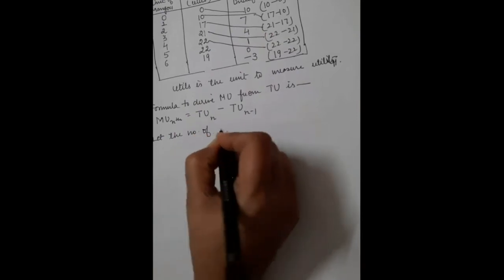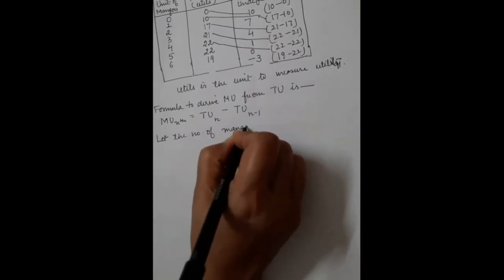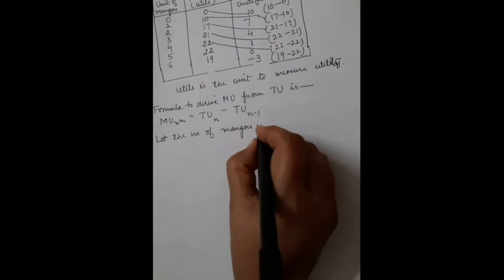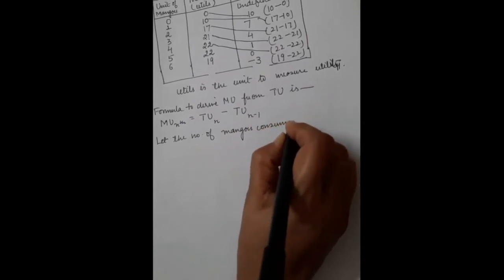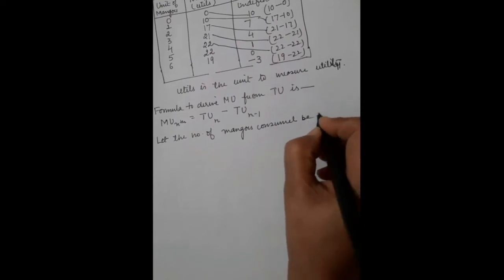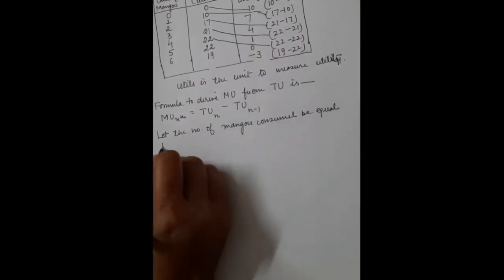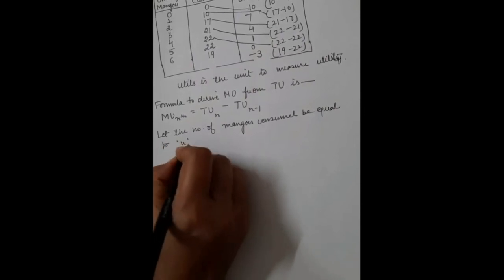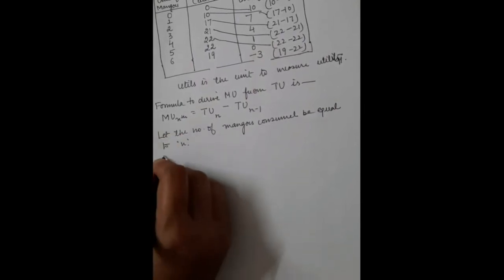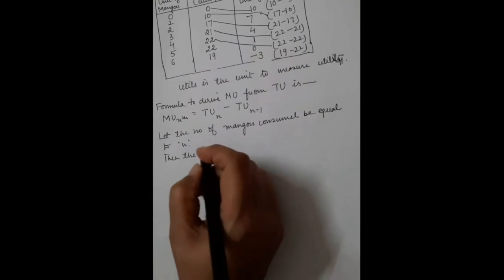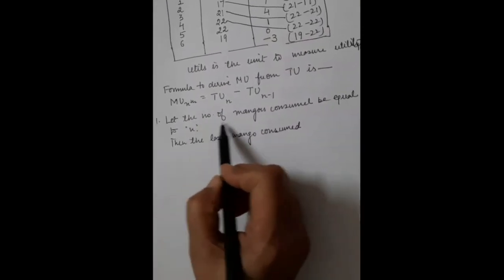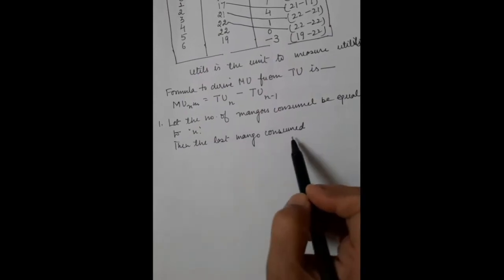Now let the number of mangoes consumed be equal to n, right? Then the total number of mangoes consumed is n, and the last mango consumed is the nth mango, right?